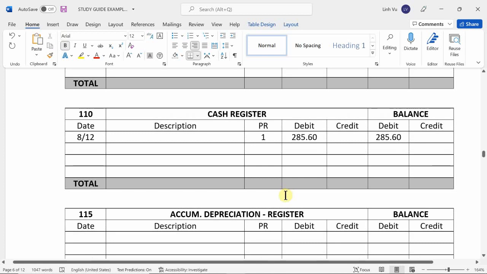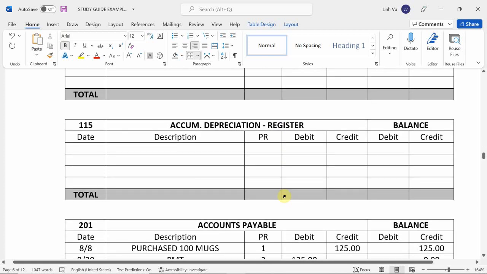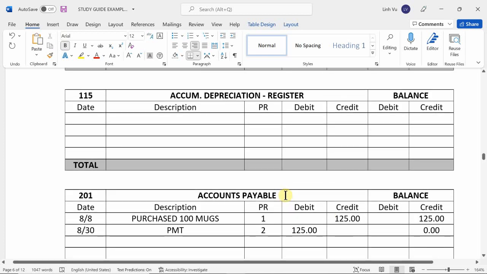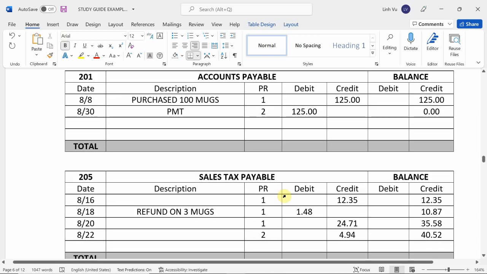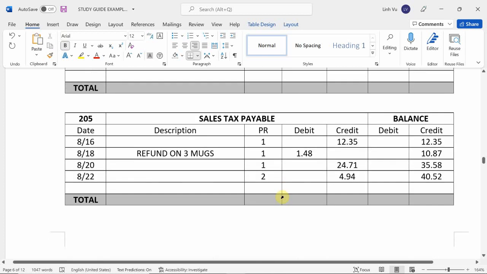After my cash register, I haven't done the accumulated depreciation yet because that's an adjustment entry. Accounts payable is next, which has an account balance of 0, so nothing there.